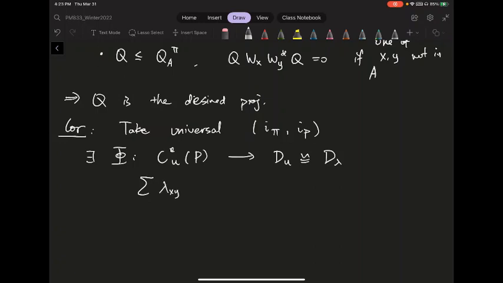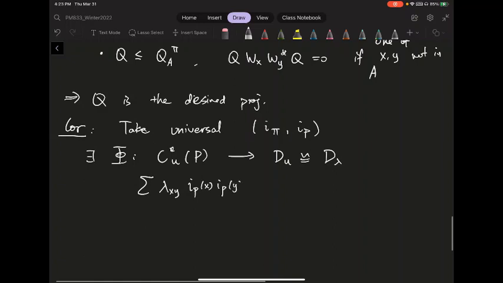So lambda_xy, i_P of x, i_P of y star, will be mapped into the summation of these lambda_xx, i_P of x, i_P of x star. I only take the diagonal ones, where x and y are inside some finite set.